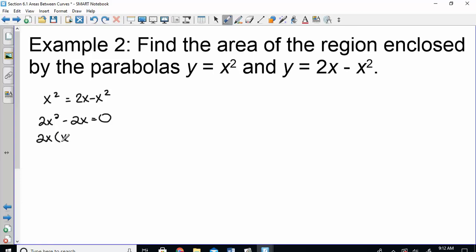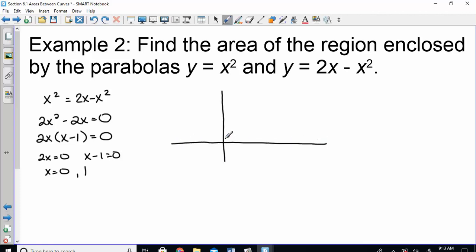Factor, take out 2x, this is x minus 1. So if you set each of those equal to 0, you get x to be 0 and 1. So we are starting at 0, ending at 1 here.